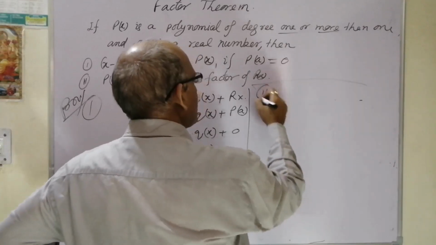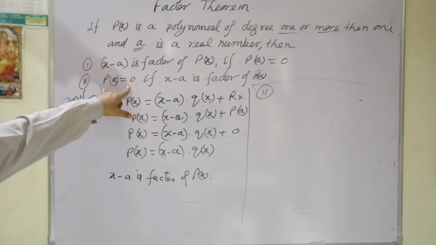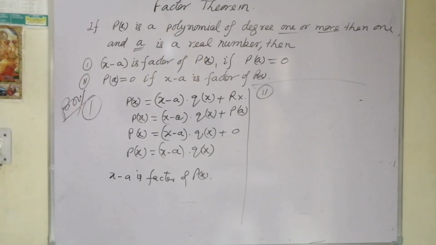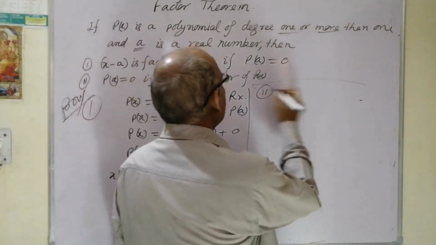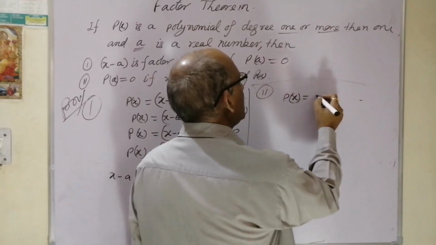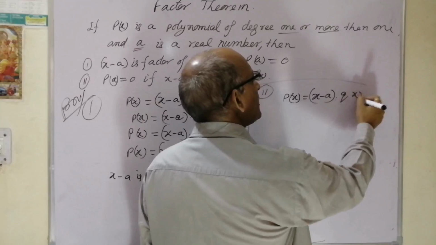Now come to the next, the second part. The second part says p(a) will be equal to 0 if x minus a is a factor of p(x). When x minus a is a factor, we can write p(x) equal to x minus a as a factor, for some multiple q(x).